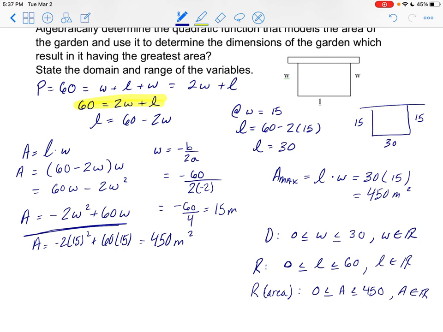So again, you could do this 2 ways. You could have modeled it in width like we did, or we could have written an equation in terms of length. So maybe what I should say instead of range there for length, we'll call both domain, depending on the equation that you wrote, and the range will always be in terms of area, because that is what we were modeling in the first place. So there you have it.